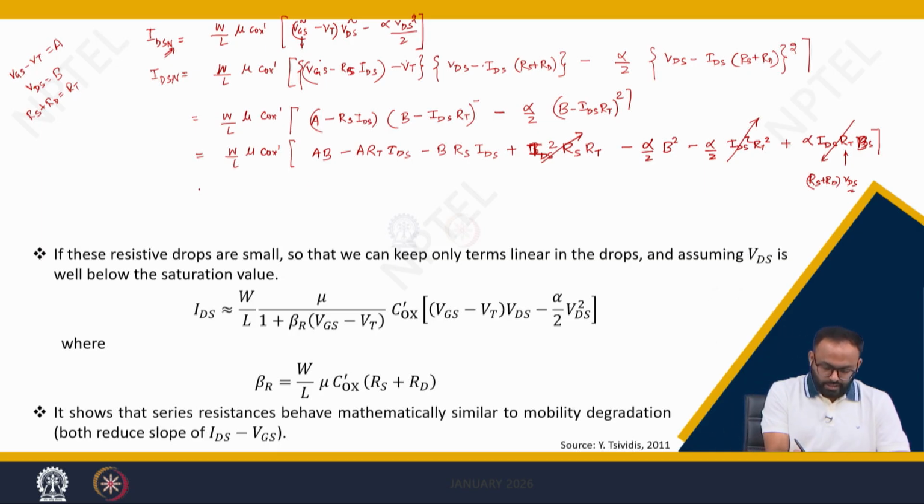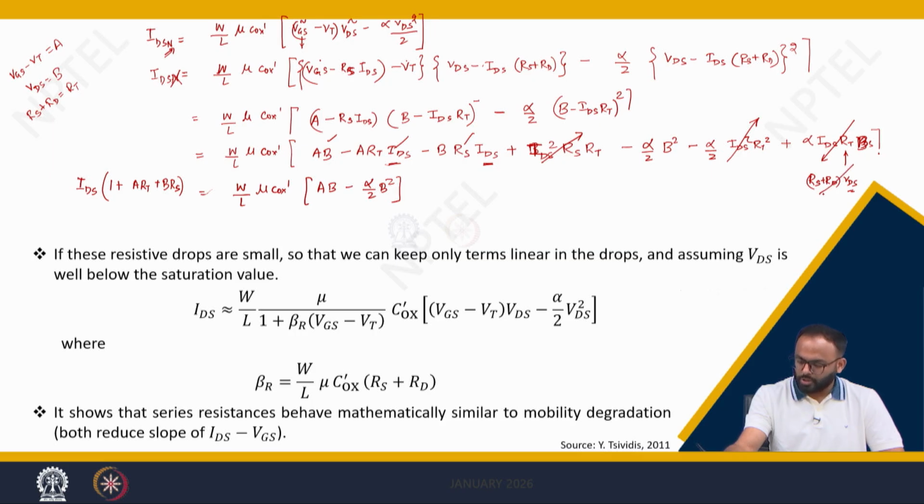If you just simplify this equation, this term and this term have an IDS component, so you take it to the left hand side, taking IDS common. Instead of IDSN we can simply write IDS, which is for non-saturation only. You will get (1 plus A into RT plus B into Rs) on the left hand side, and on the right hand side you are left with W by L mu into COX dash into AB; this term is gone, cancelled from left to right, and you are left with alpha by 2 into B square, right.